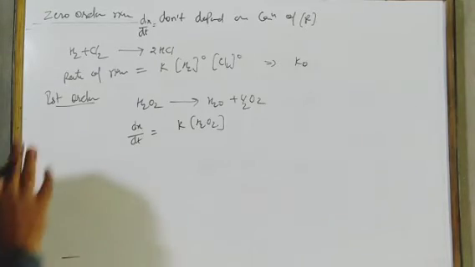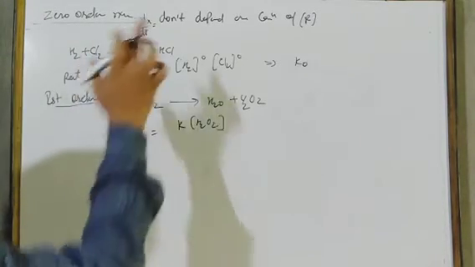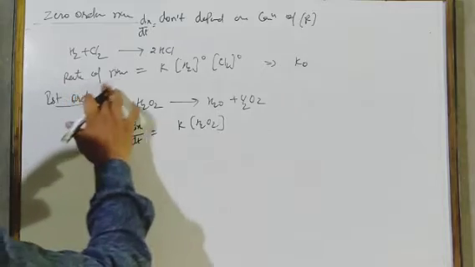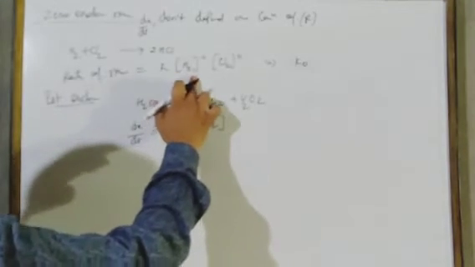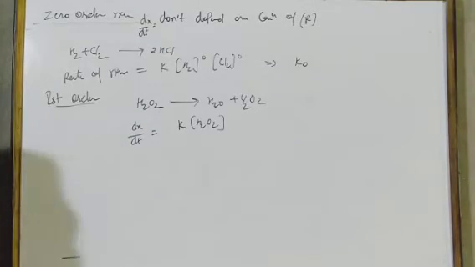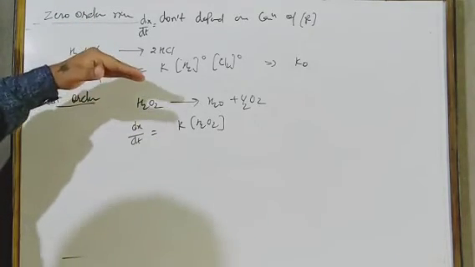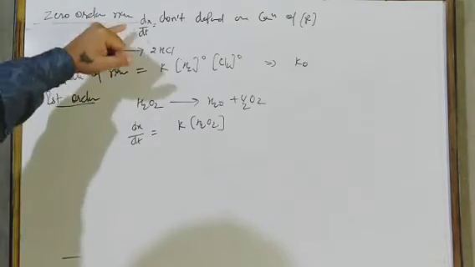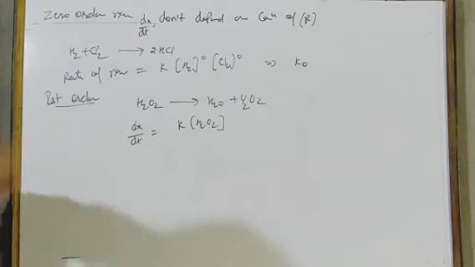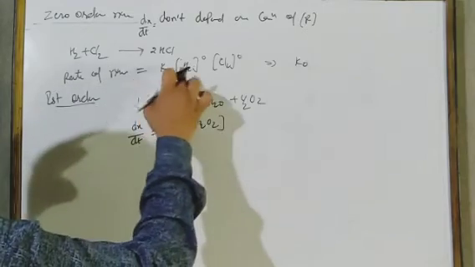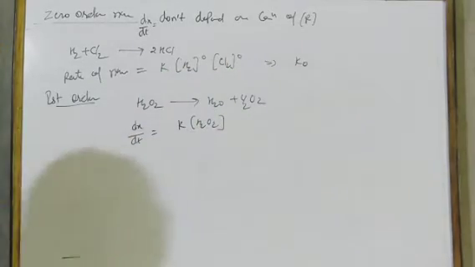So example of zero order reaction is H2 plus Cl2 gives 2HCl. So rate of reaction is equal to K, H2's power 0 and Cl2's power 0. As I told you earlier that in zero order reaction, dx upon dt, it means rate of reaction does not depend on the concentration of reactant. So rate of reaction is equal to K naught.